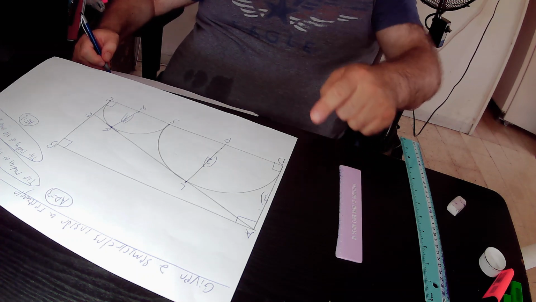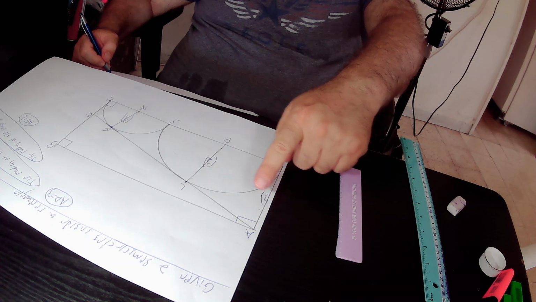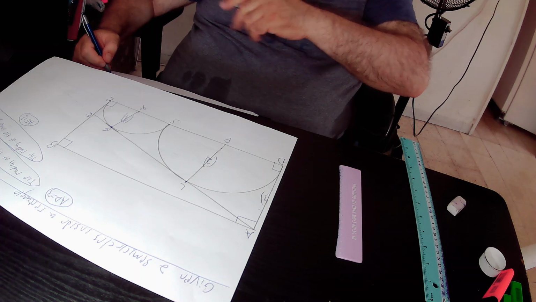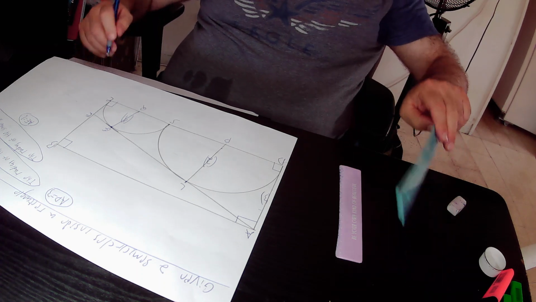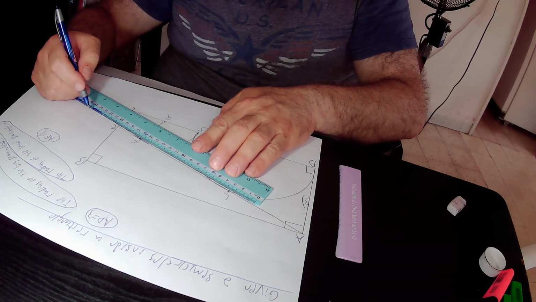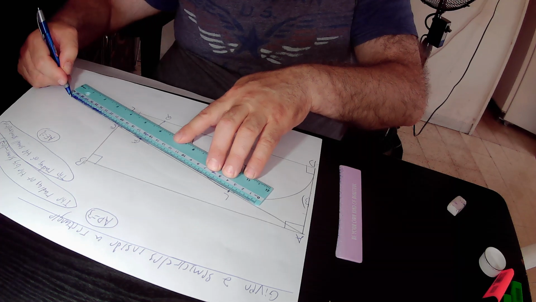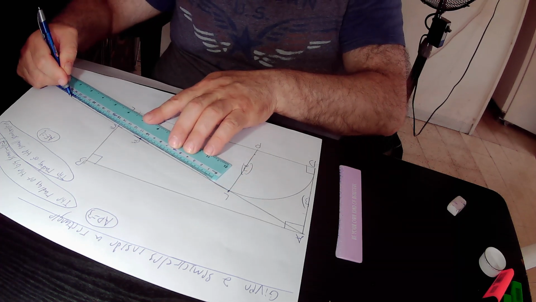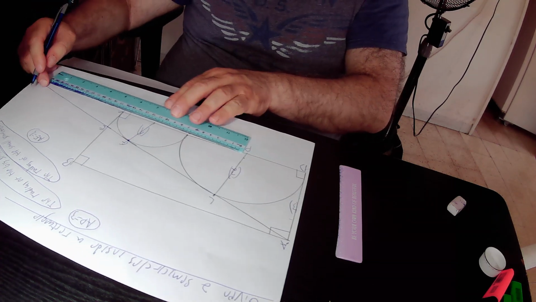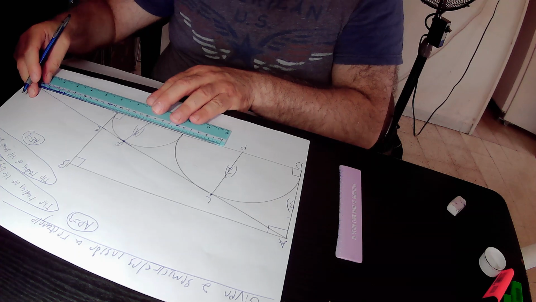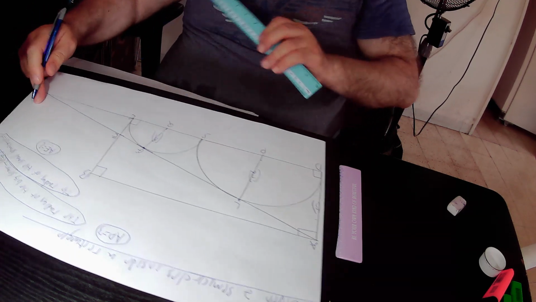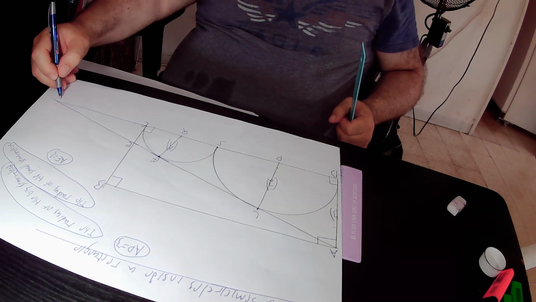That is to say, we will extend AE and side DC by straight line until they touch each other. And we will define the touching point. This point is point F.